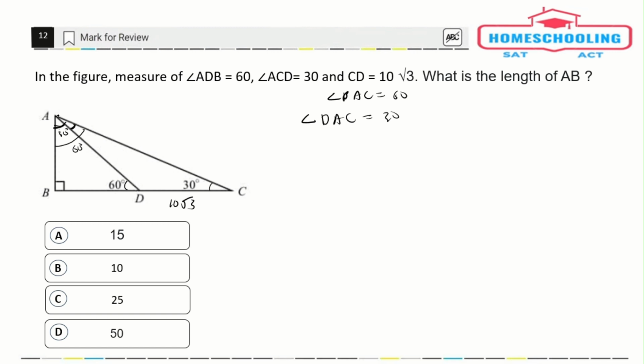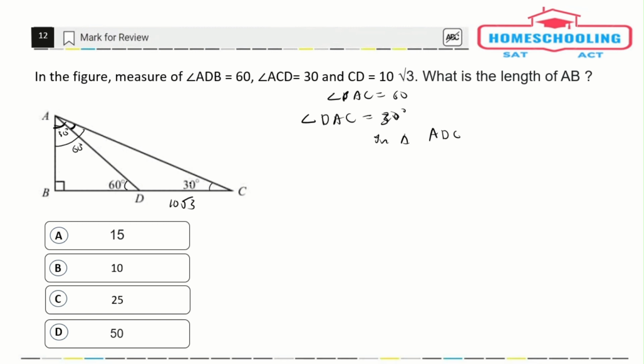Hence, angle DAC would be 30 degree. So if you take triangle ADC, this angle is 30 degree and this angle is also 30 degree.